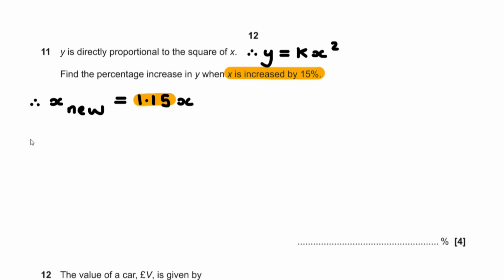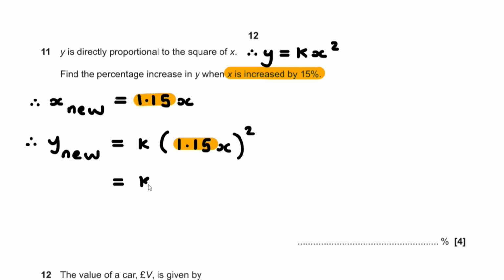So, if I replace the x with 1.15x, our new y value is equal to k, some constant, multiplied by 1.15x squared.